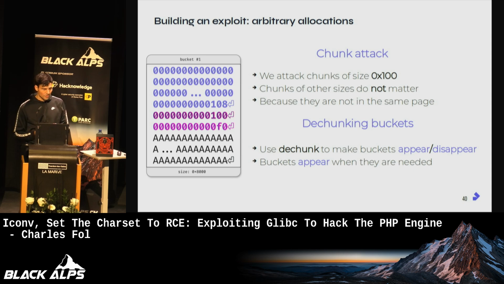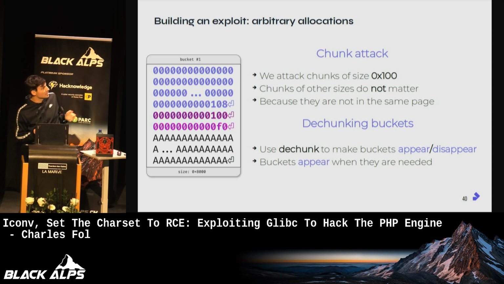In addition to this, we want to have buckets that appear at some point and buckets that appear at other points of the exploitation, like as you would have in steps in an exploitation. And to do this, I used buckets that were basically Russian dolls of chunked encoding, so that every time you call dechunk onto them, their size changes.